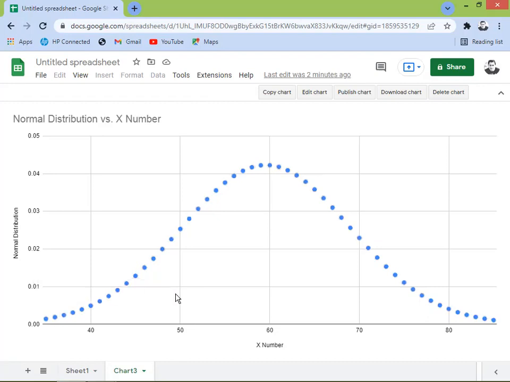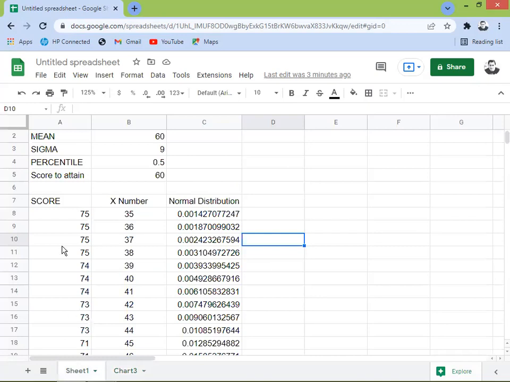So the total up to 3 sigma is 99.73%, and beyond that, to the end, it would be 100%. So that would be our normal distribution curve coming from the sample that we have done.